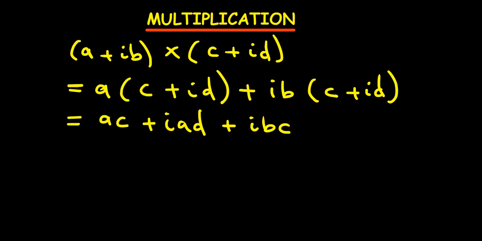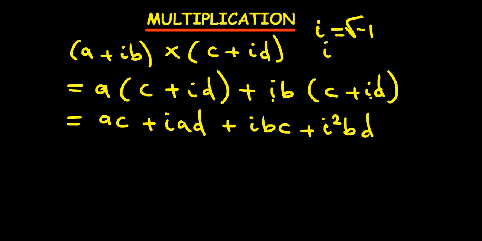Then you have the last one, ib multiplying by id. So that will be i squared, since it's i multiplying by i, then you have bd.